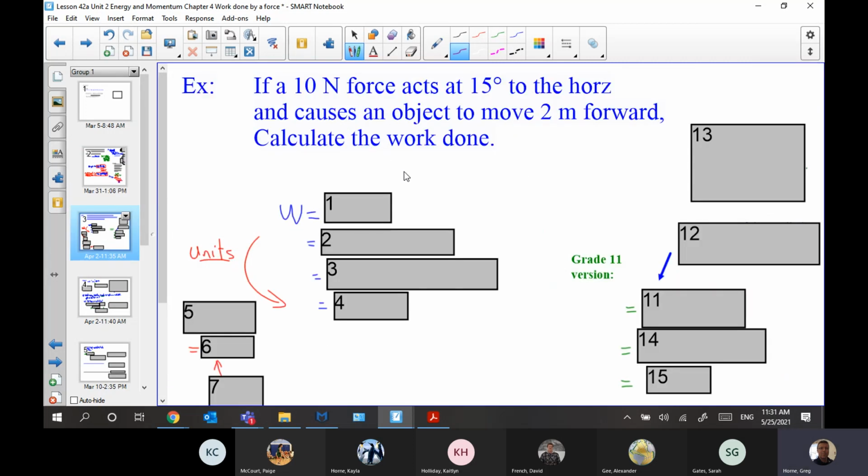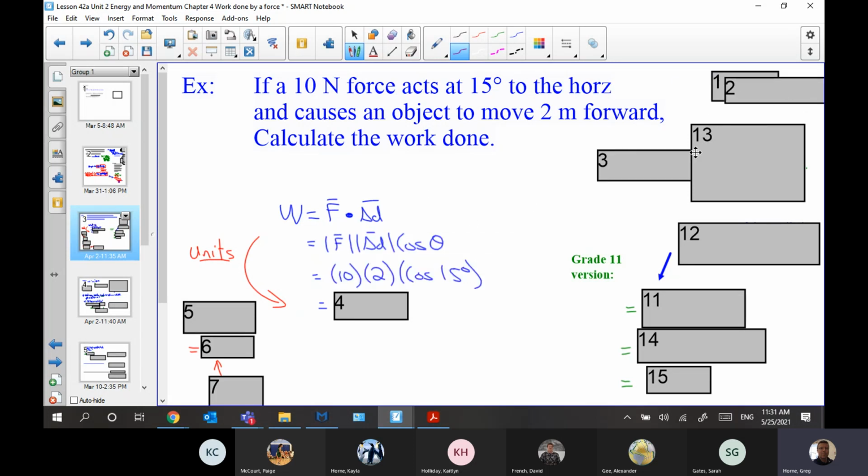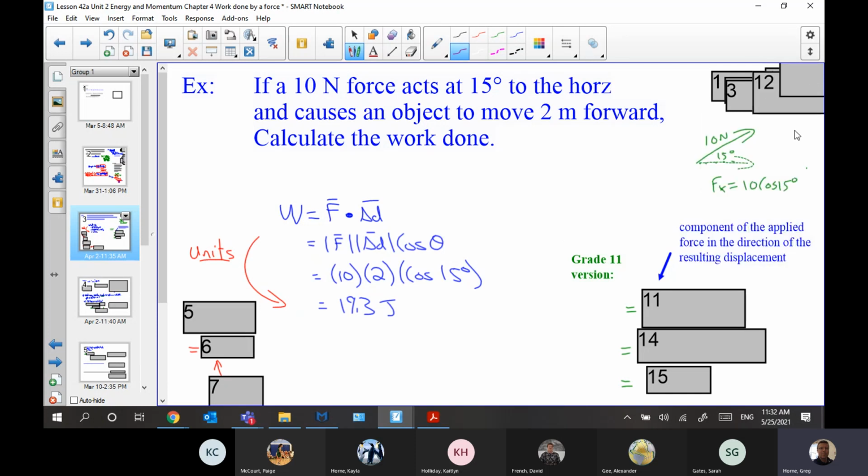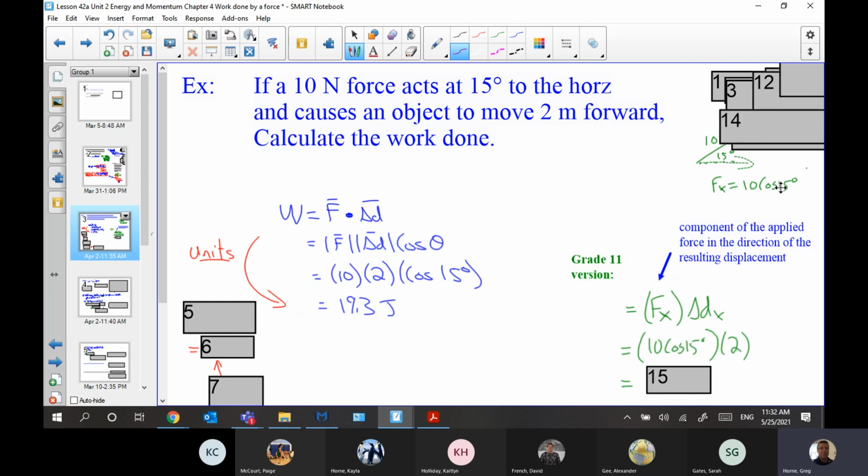So moving on here. Just as a review of this, if we've got a 10 Newton force acting at 15 degrees to the horizontal, and it goes this far, calculate work done. This is totally a grade 11 question. You'd be like, oh, force times the component in the direction times the distance. In the grade 11 version, we'd be like, oh, 10 cos 15. Oh yeah, so the 10 cos 15 times the 2 meters gives you 19.3 joules.